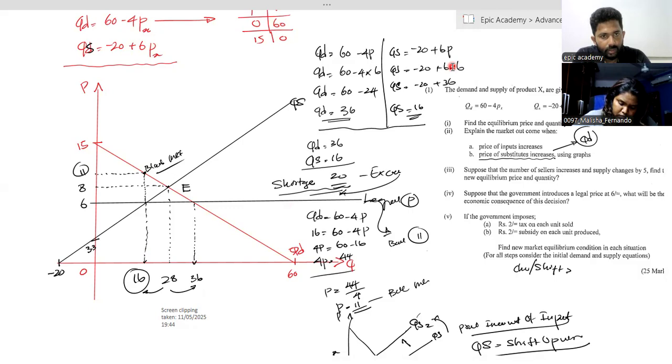Next one: reduce the supply amount, from 28 to 16.